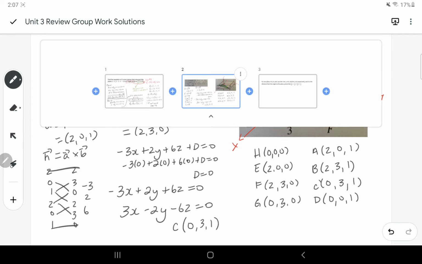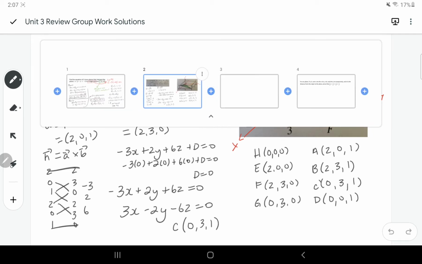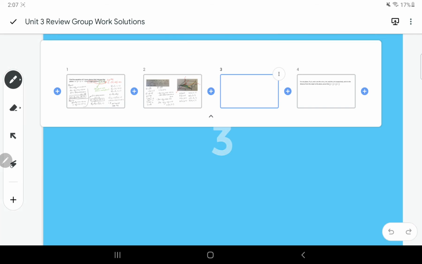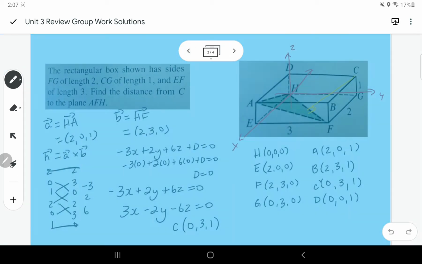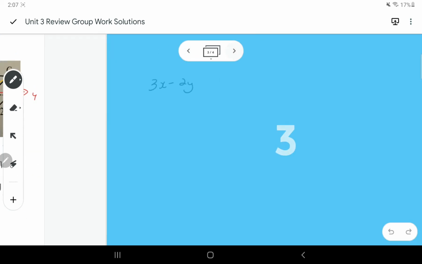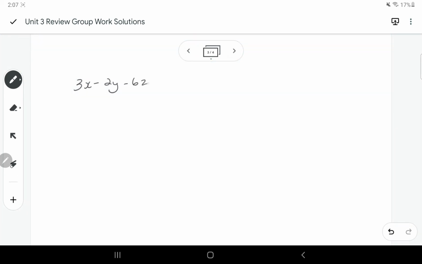So I'm just going to add in 3x minus 2y minus 6z equals 0, and the point is 0, 3, 1.